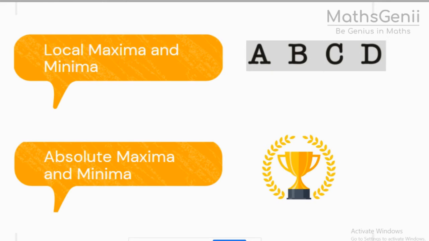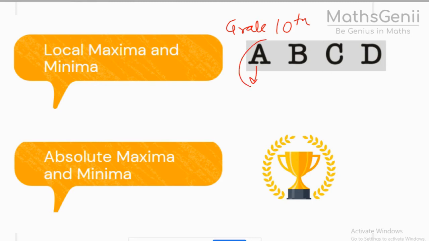For example, in your school, when you had inter-school contests, in a class of say grade 10th, you had four divisions A, B, C, D, and from division A, someone won the race.